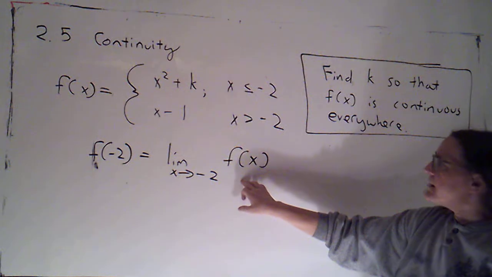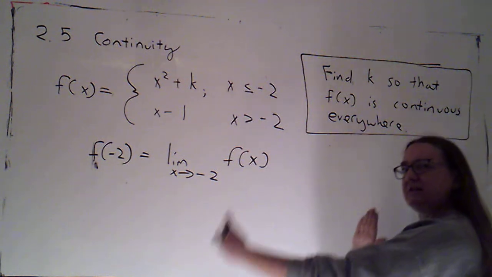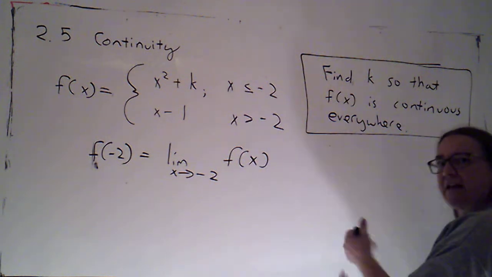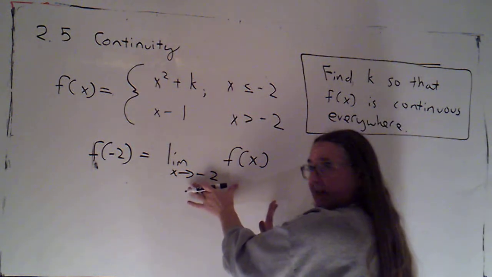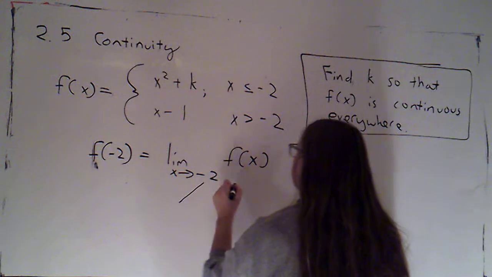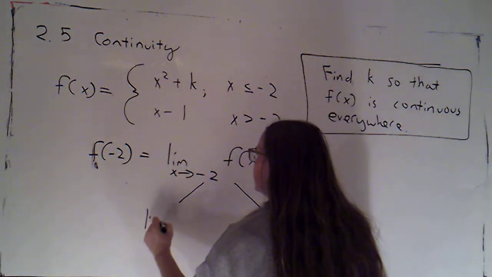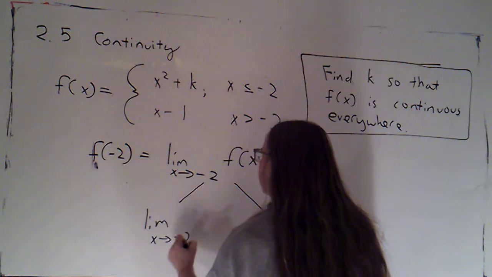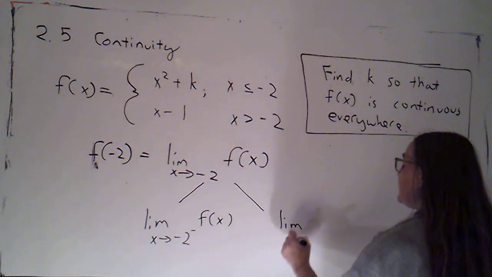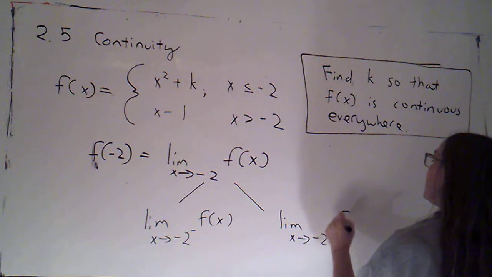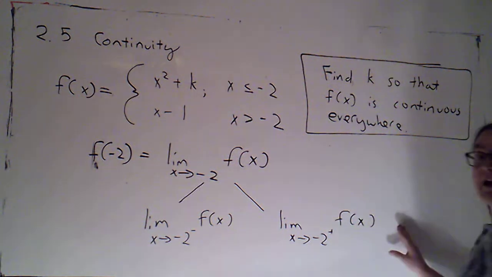But because this is a piecewise function and I'm using different rules on either side of negative 2, rather than evaluating this directly as a two-sided limit, I'm going to need to split this up into the limit as x approaches negative 2 from the left of f of x, and the limit as x approaches negative 2 from the right of f of x.